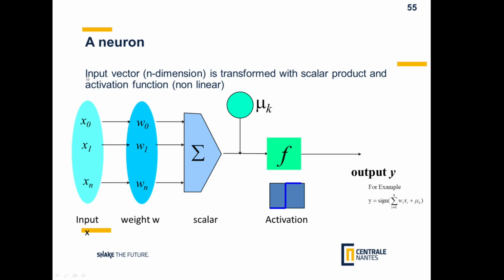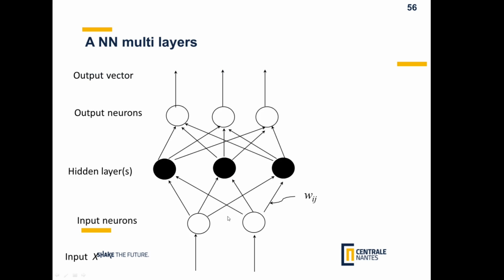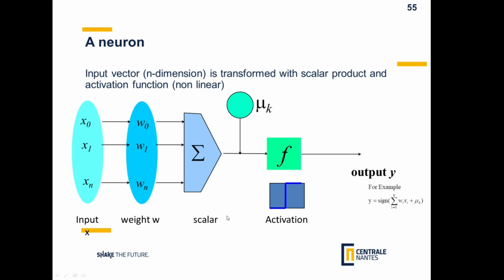You have input data, you do a scalar product, and then you have this activation function. And each time you have a neuron, you have to set the right parameter to the weight of your scalar product and to the activation function.